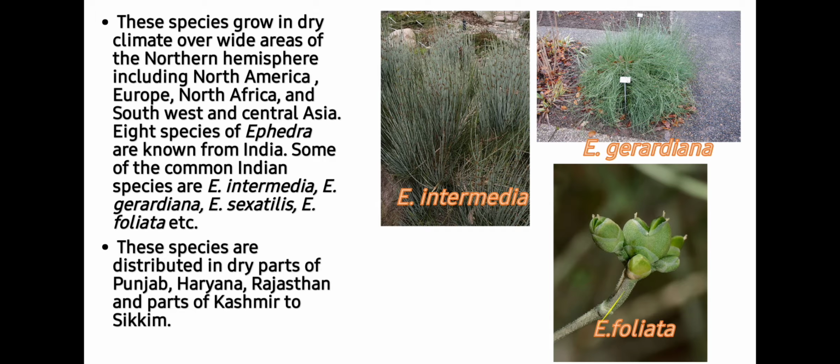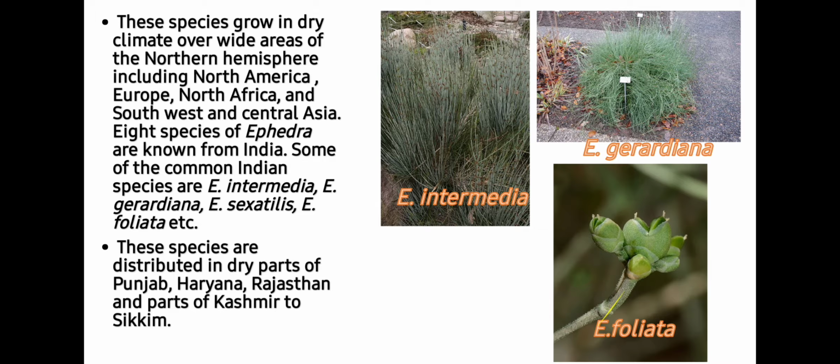Students, some species grow in dry climates over a wide area of the northern hemisphere including North America, Europe, North Africa and Southwest Central Asia. 8 species of Ephedra are known from India.